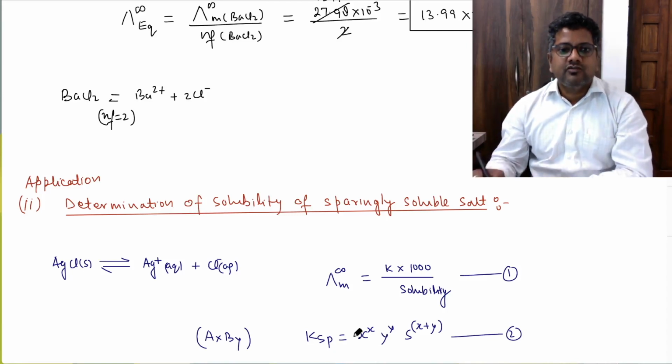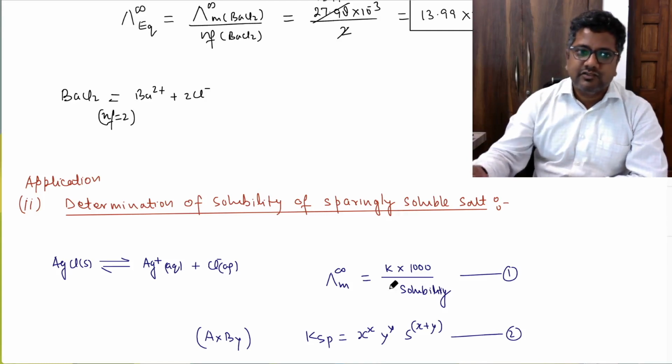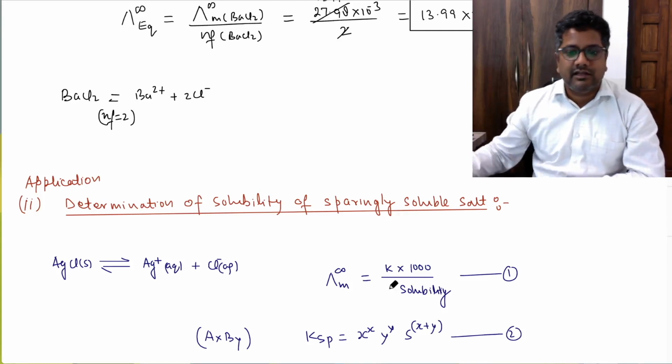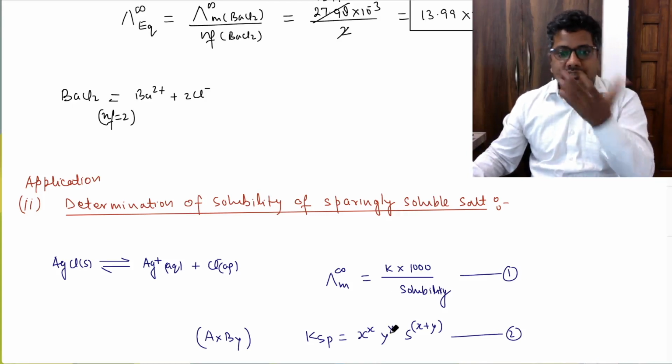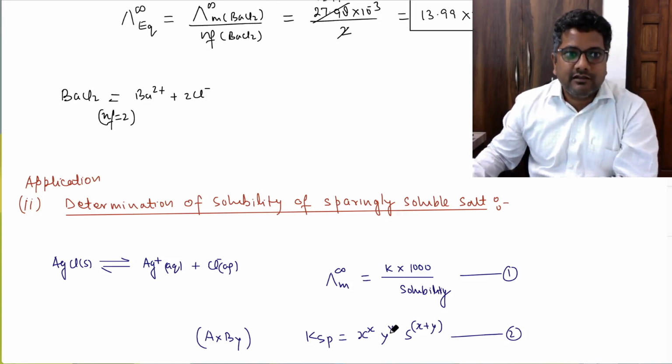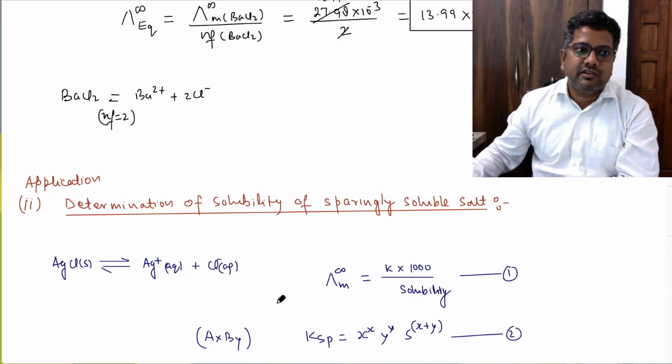Whatever conductance is given in the saturated solution of any sparingly soluble salt will give you the solubility directly. So by using this equation, you can determine the solubility directly and the solubility product as well. In this way, you can determine solubility product for a sparingly soluble salt.